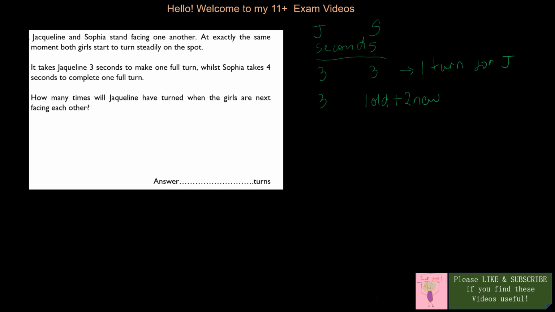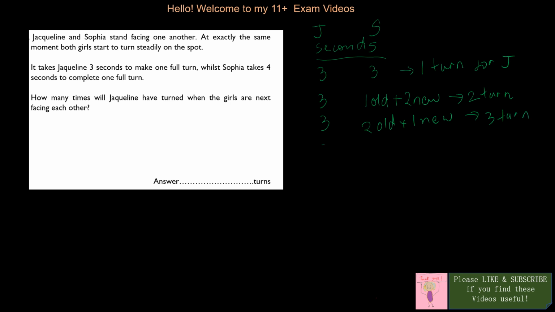So this is the second turn. Again this will be 3, and she has 2 new, so it will be 2 old plus 1 new turn. That is the third turn.